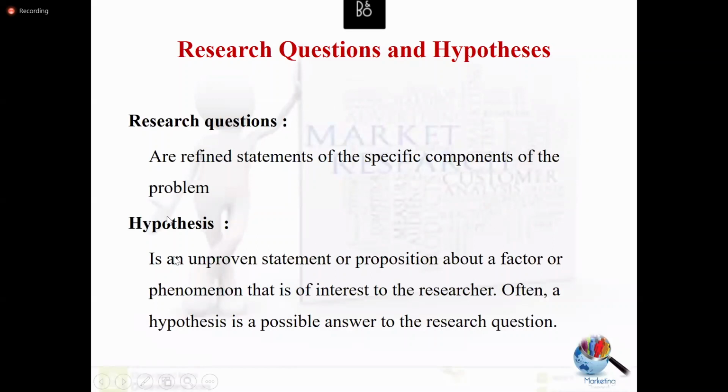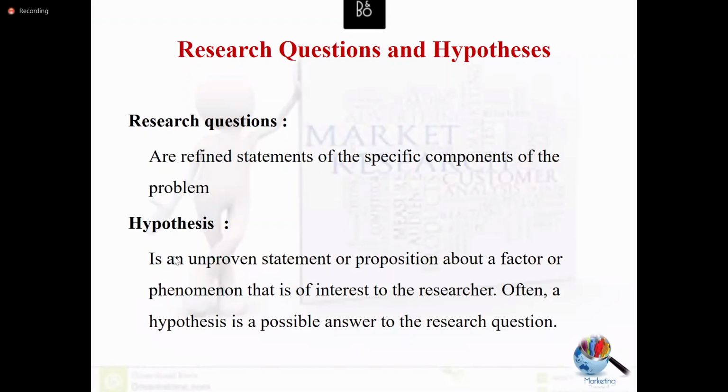As an example, a research question is put forward in this way: research questions are refined statements of the specific components of the problem. So this is what is meant by research questions, denoting the particular problems to be specified, very specifically or very focusedly told.